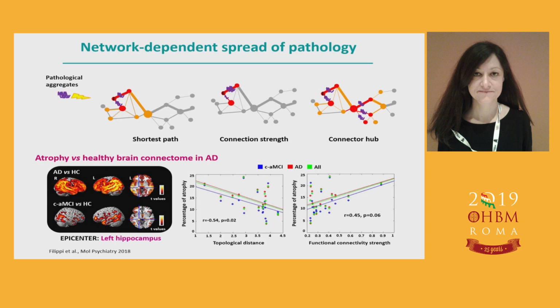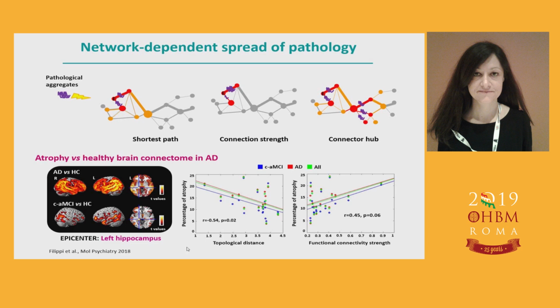And then we moved into the brain of healthy subjects and looked at functional connectivity with the hippocampus. What we found is that there is a correlation between the distance between regions of the brain and the hippocampus, but also between the strength of connections between regions of the brain and the hippocampus, and the degree of atrophy in the brain of patients.